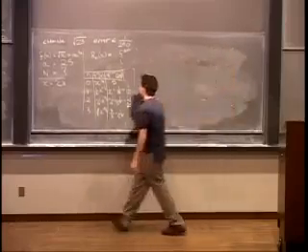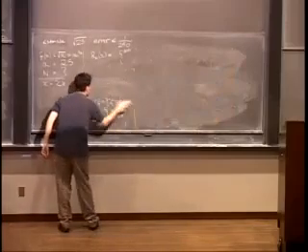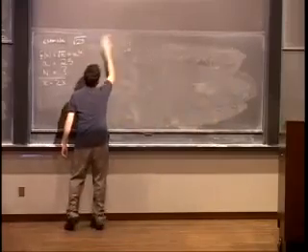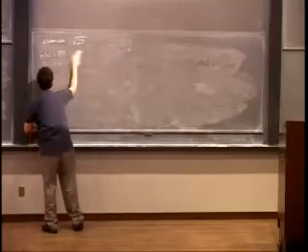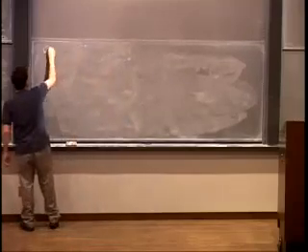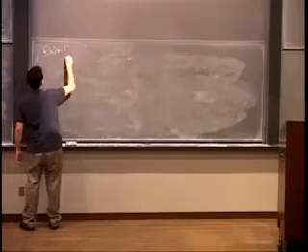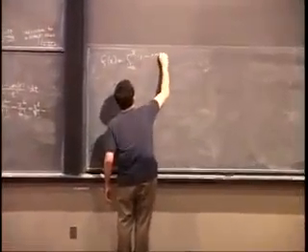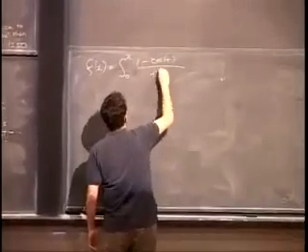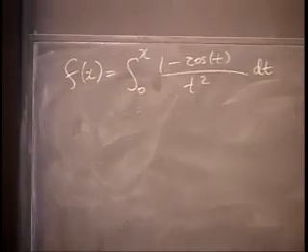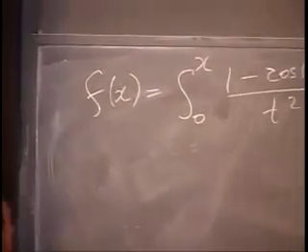I'm going to start with my f of x. Now I'm going to do something a little snazzy. f of x is the integral from 0 to x, 1 minus cosine t over t squared, dt. I'm going to replace cosine t with this series over here.